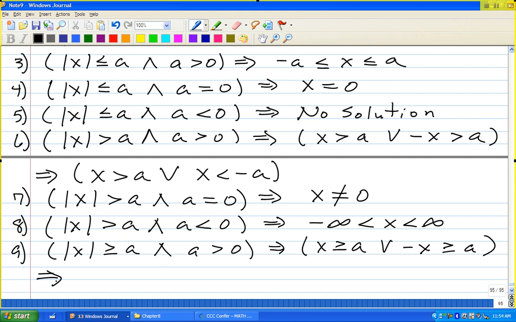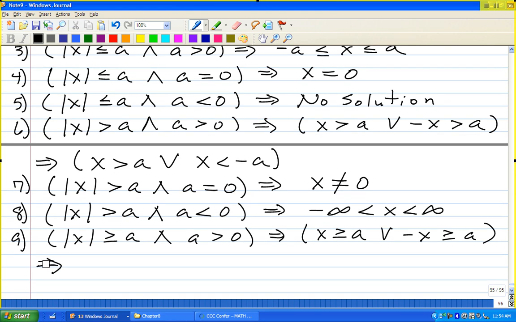And so that's what the absolute value is. It's just going to be plus or minus the value. And so multiplying both sides of my equation by -1, I get here an x. The inequality switches because I multiply it by a negative. And a times -1 is a negative a.